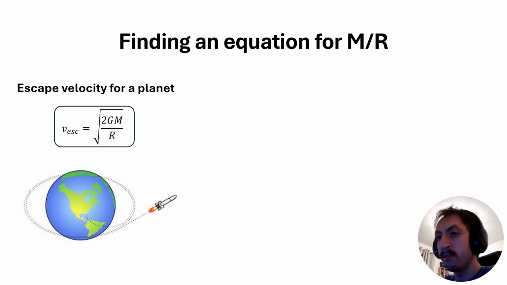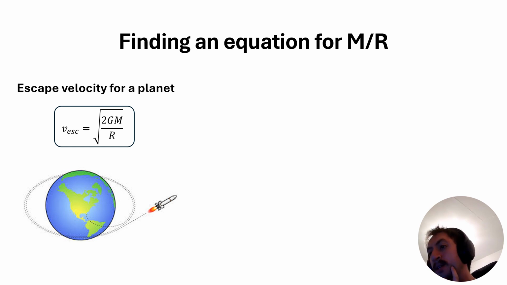For us, the beautiful thing with the escape velocity now is that it contains the mass of our planet and the radius of the planet. So we have our equation, and it's always worth checking that our equation makes logical sense. I mean, we can see from our equation, the larger the mass of our planet, the higher the escape velocity.